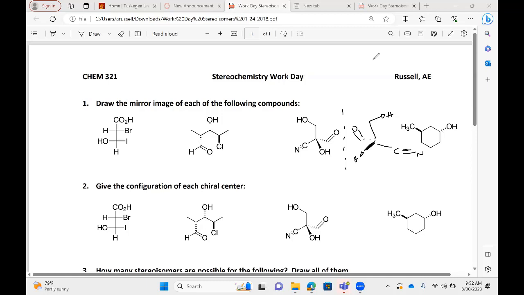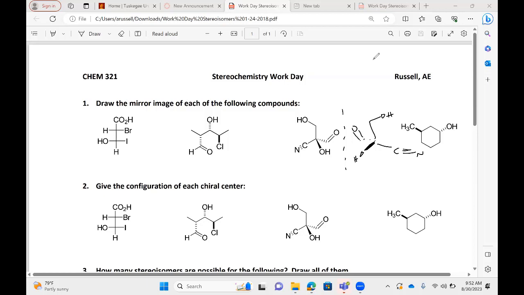All right. Let's do one more on number 2, where it says give the configuration. I'll let you work on the second and third one. I want to touch on the first one because we haven't done configurations on Fischer projections yet. So I want to talk about that for a second.